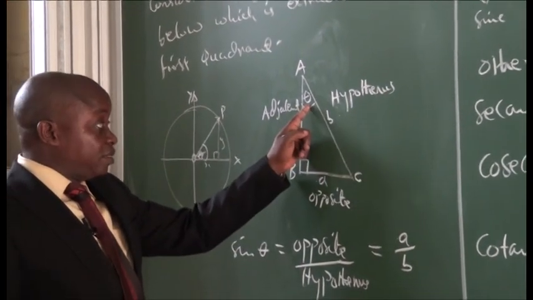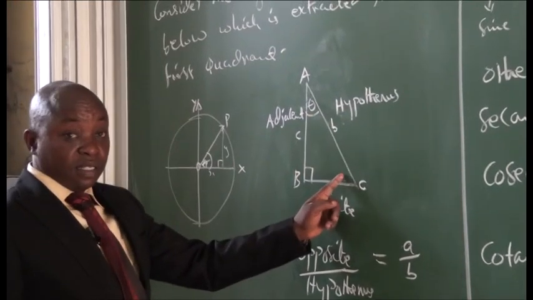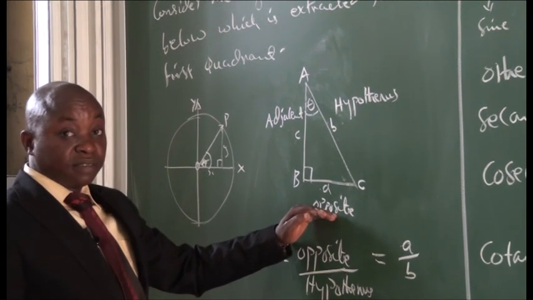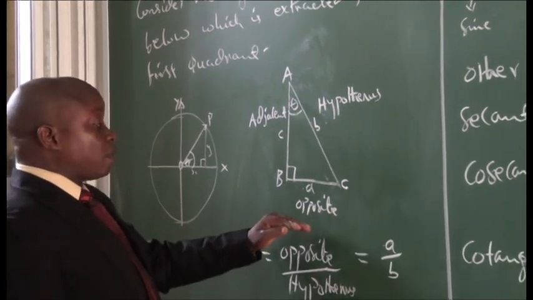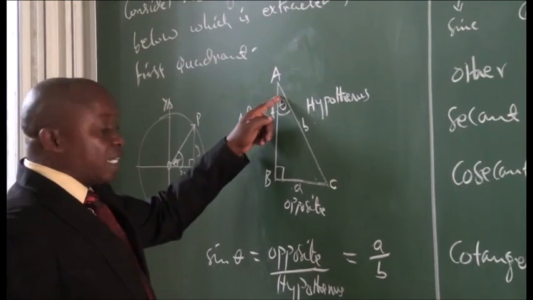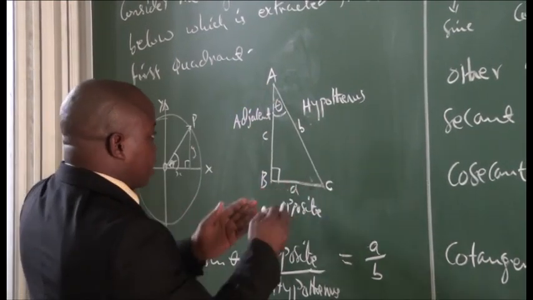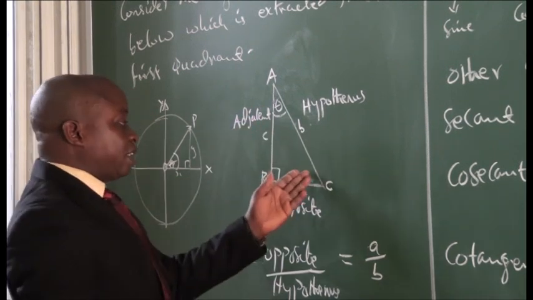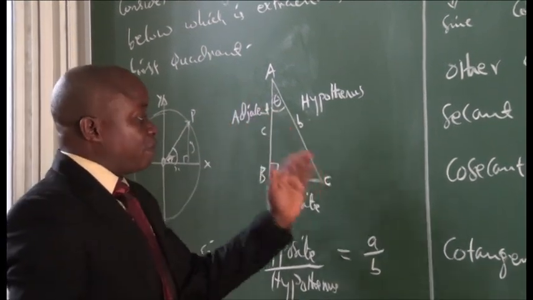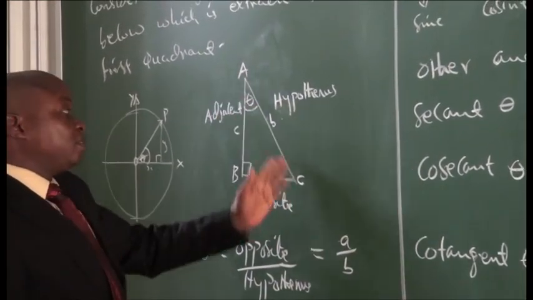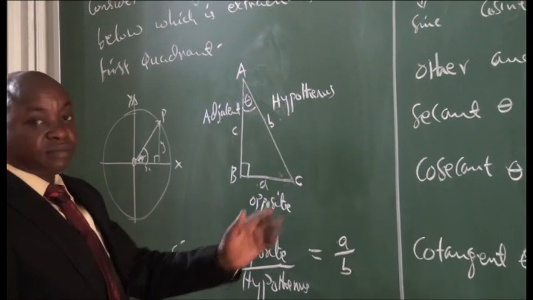If theta is here, then this side becomes opposite and this side becomes adjacent. So if theta were to be here, then this side will be opposite to theta. But the hypotenuse remains the longer one.